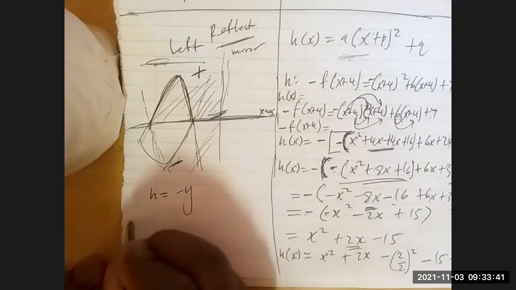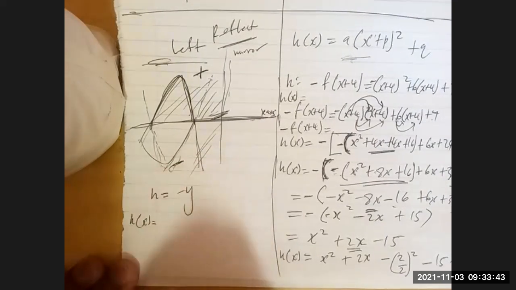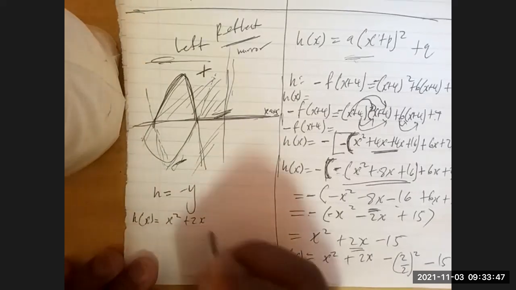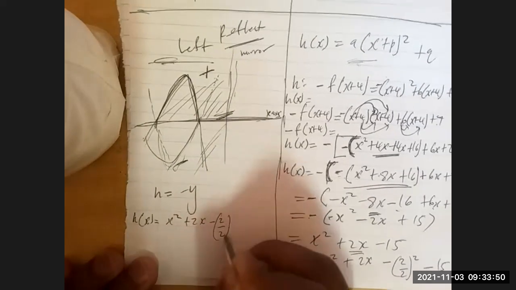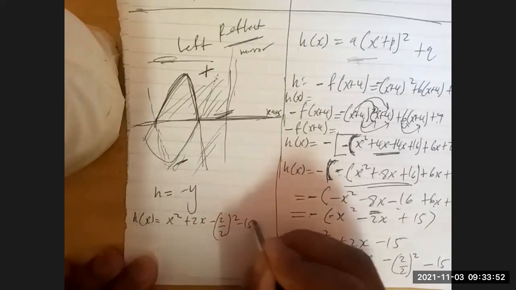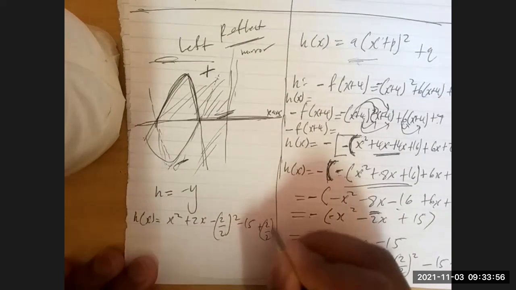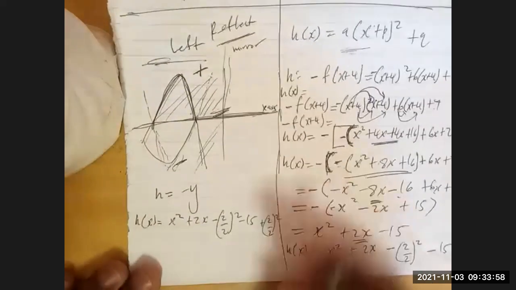What I said there was h of x was going to be equal to x squared plus 2x, okay, minus 2 over 2 squared minus 15, okay, then plus 2 over 2 squared. All right.